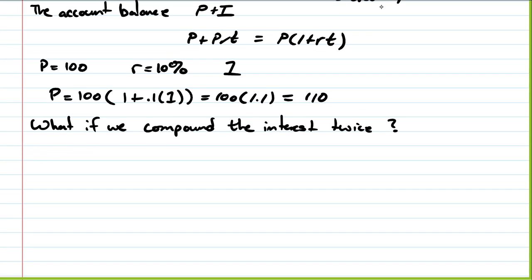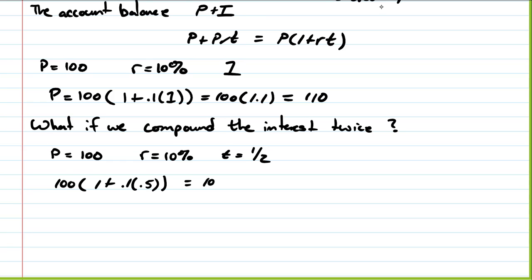So we're going to do the same thing. We have P equals 100. R is still going to equal 10%, but we're only going to go halfway through the year. So we're going to make T equals 1/2. So after 6 months, when we do this the first time, we have 100 times 1 plus 0.1 times 1/2, which is 0.05.